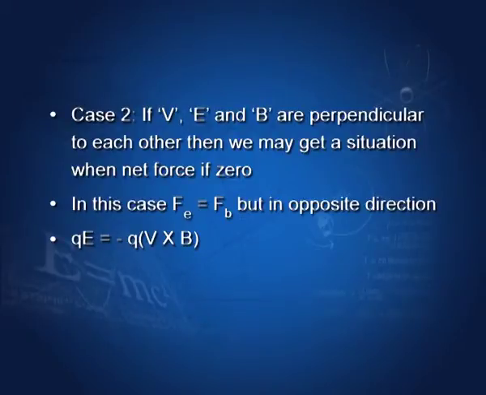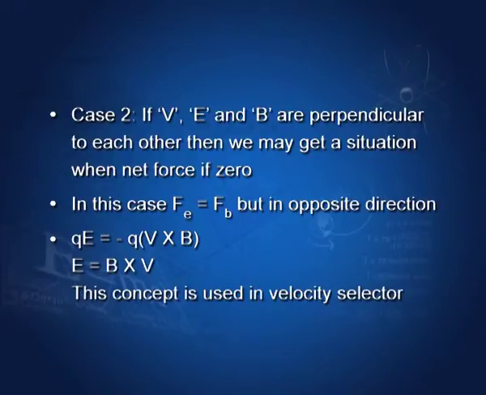Substituting the values of the electric force and the magnetic force, we get Q into E is equal to minus Q into V cross B. Here the minus sign represents the opposite direction of the magnetic force. As Q is common, cancelling from both sides, we get electric field E is equal to minus V cross B. That means electric field E is equal to B cross V.